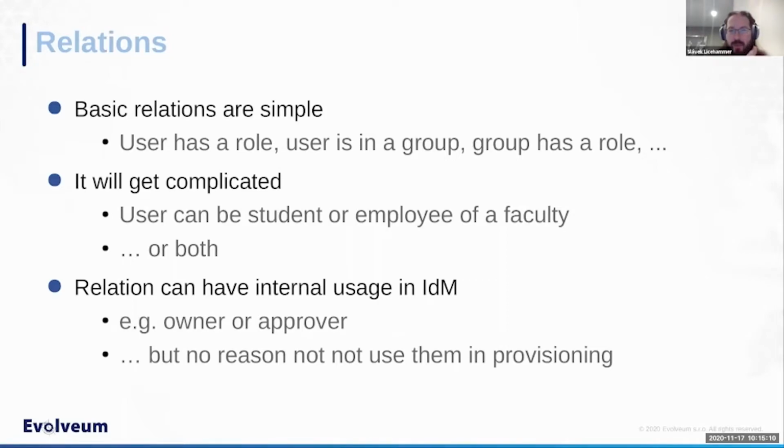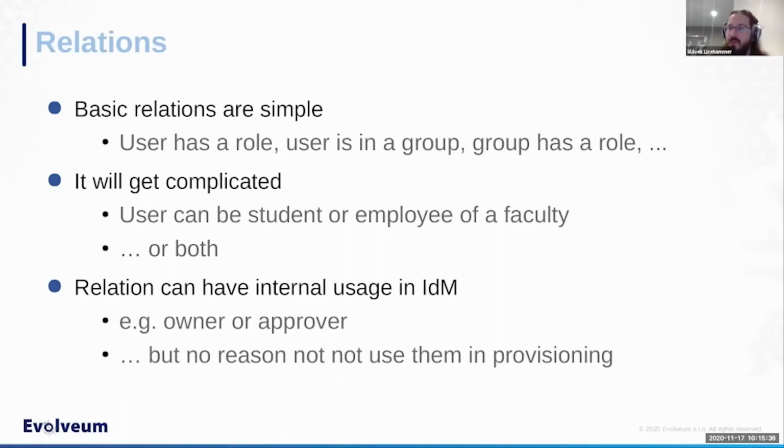And the problem is one user can be a student or employee of one faculty, or even both at the same time. He or she can transition from student to employee and even back, for example. Everything is possible.